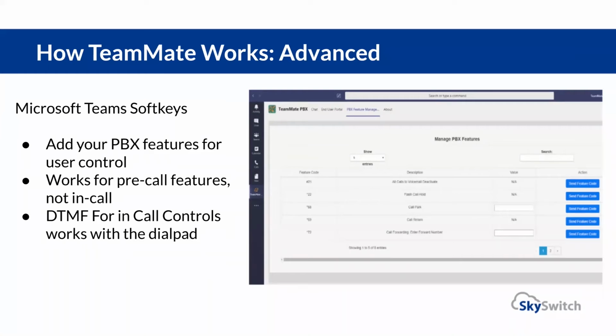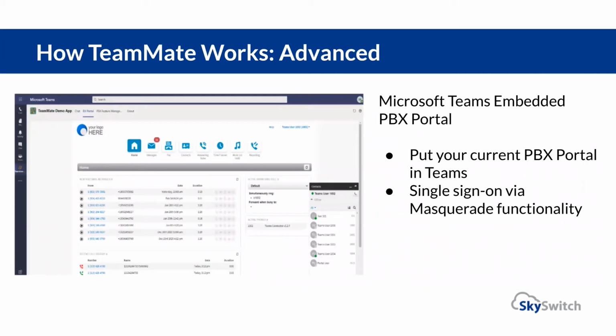You also get a reflection of the star codes entered in the chat portal. One of my favorite features is you get the PBX portal embedded into Microsoft Teams. So this gives you a lot of power depending on the user status. And if you want to present this to your user, you're going to be able to show them the PBX portal, and all the functionality from the PBX portal is integrated into Teams itself, which just makes it really easy for your customer to manage answering rules or manage their call queues or anything such as that.